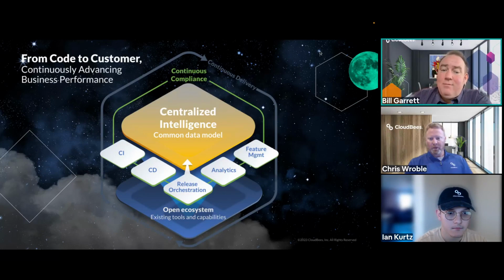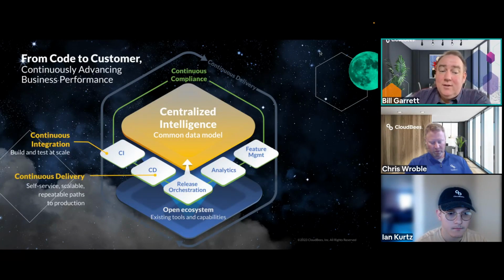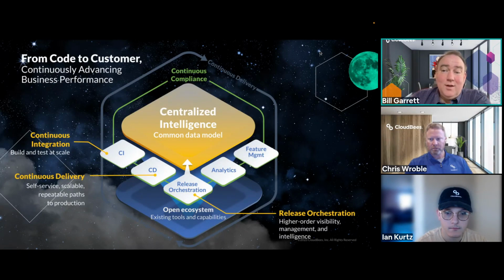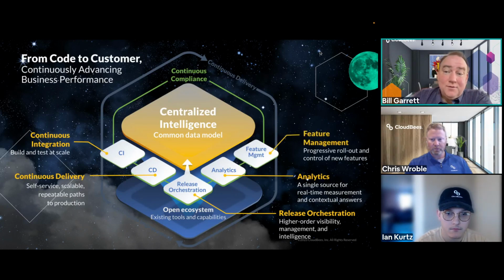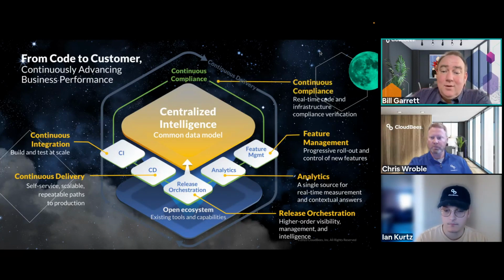Some of the key capability areas we have are continuous integration, helping you build and test at scale, continuous delivery, putting your code out to the environments where it needs to go, release orchestration, helping you promote code across various environments from dev to QA to stage to pre-prod to prod. Of course, analytics that help you benchmark where you are the whole way, feature flag management, and most recently, we've added a continuous compliance capability to our platform.